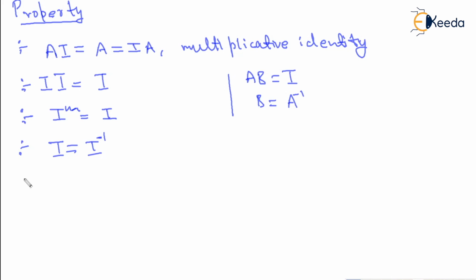And when we see determinants, we'll see that, but for now you can mention it: the determinant of I will always be 1.